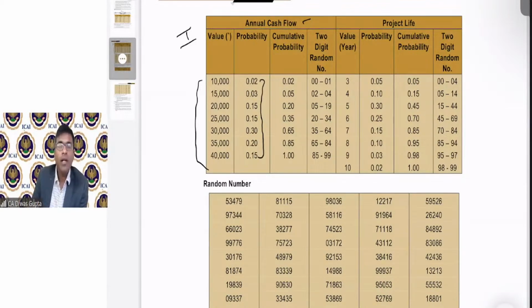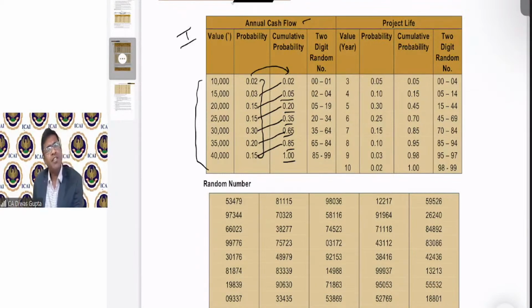Now we have calculated the cumulative probability. What is the cumulative probability? 2. Then 2 plus 3 is 5. Then 15 plus 5 is 20. Then 15 plus 20 is 35. Then 30 plus 35 is 65. 20 plus 65 is 85. Then 15 plus 85 is 100. I hope it is clear. We have just calculated the cumulative probability.